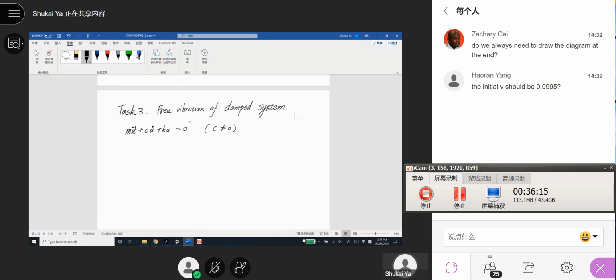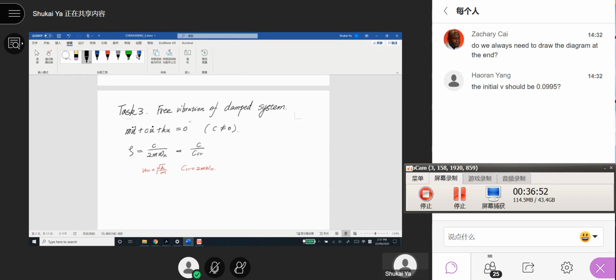Okay. Before that, let's introduce one concept: zeta is equal to c divided by 2m omega n. Again, omega n is the same as before. Omega n is equal to the square root of k divided by m. We can also write that as c divided by c critical, where c critical equals 2m omega n.